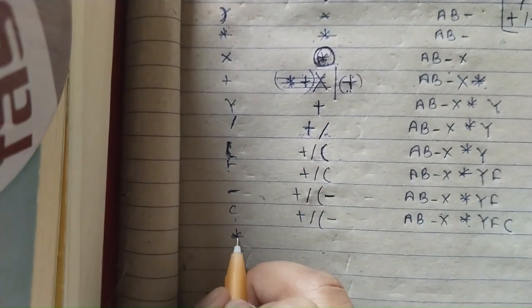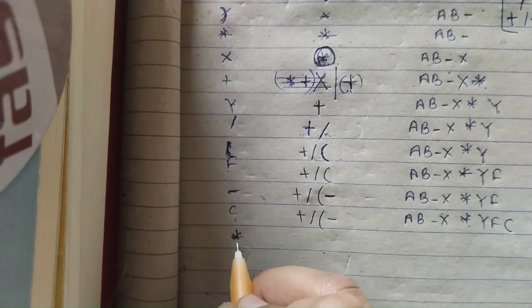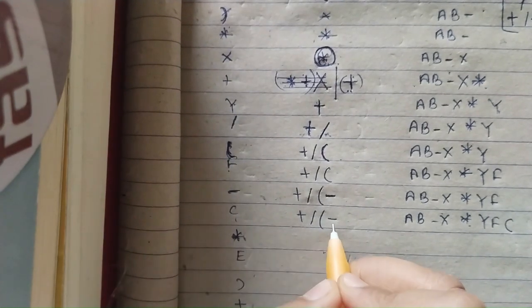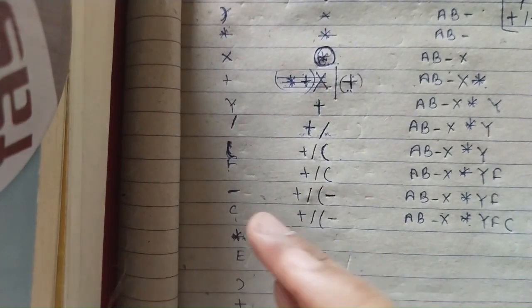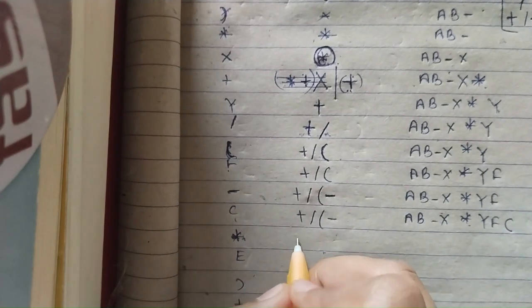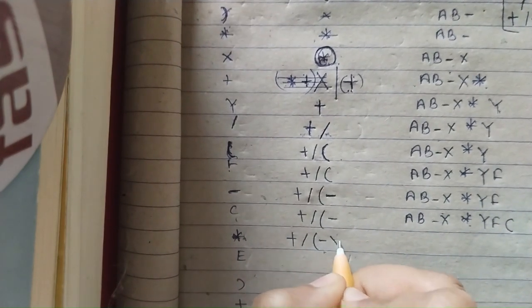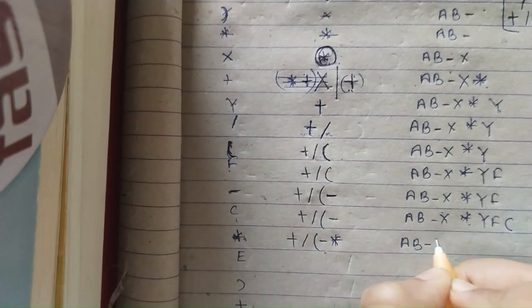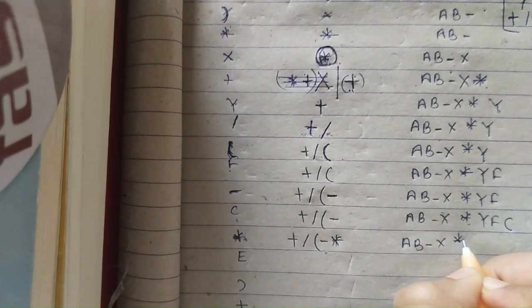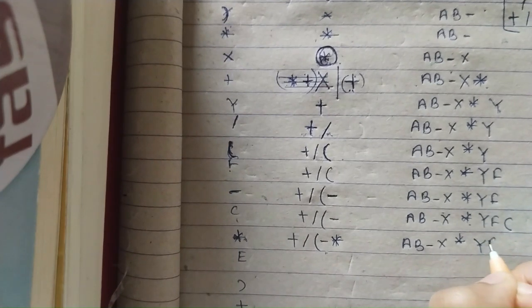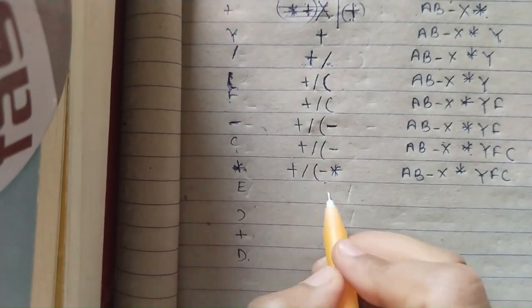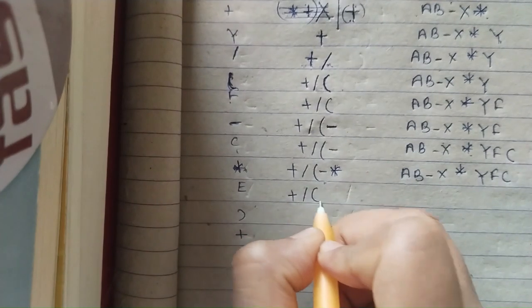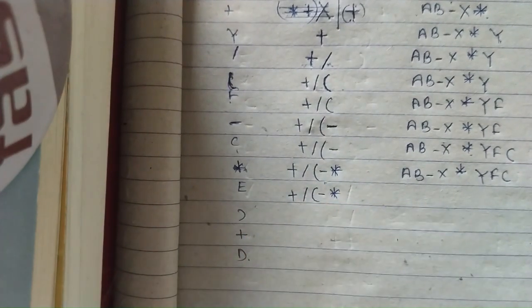Now see, multiply has come. So multiply has the higher precedency as compared to minus. So it will be aligned at the right hand side of the minus sign. Right. So minus X, multiply. A, B minus X into Y, F and C. Next is E. Again, an alphabet has come, so it will be popped out into the expression.